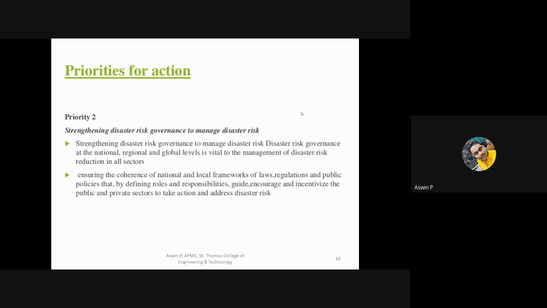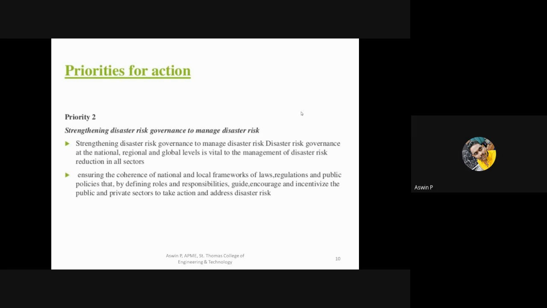And the second one is strengthening disaster risk governance to manage disaster risk. As we have already mentioned, how to strengthen capacity building during disaster management and what is the benefit of capacity building. For that, we need to strengthen our disaster governance to manage disaster risk. It's very important. It's the second priority after the identification of disaster risk.